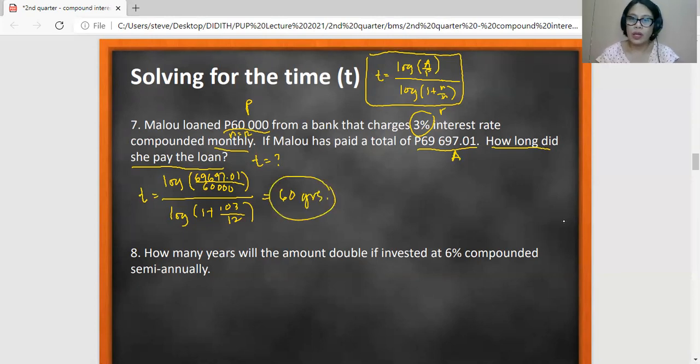How many years will the amount double if invested at 6% compounded semi-annually? So no final amount is given nor principal amount, but the ratio was provided: double. Meaning, if let's say the principal amount is equal to 10,000, we're expecting that A equals 20,000.